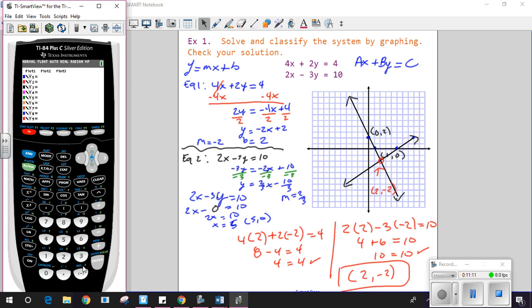So equation 1 was -2x plus 2. The second equation was 2/3 x minus 10/3.